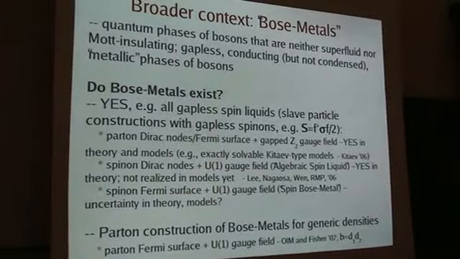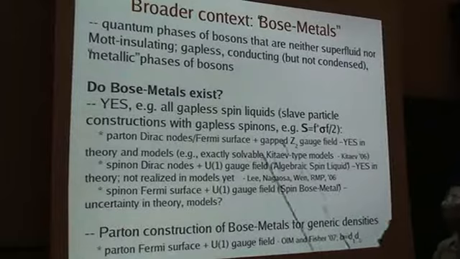They are stable. They can be demonstrated in specific models. For example, exactly solvable Kitaev type models with gapless partons are realizations, somewhat different from the more familiar slave particle approaches, but nevertheless.